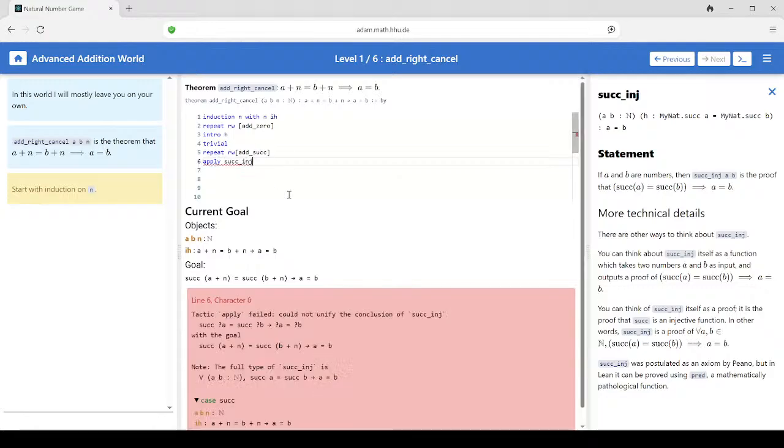What do you mean it failed? That's like exactly what I'm looking for, isn't it?